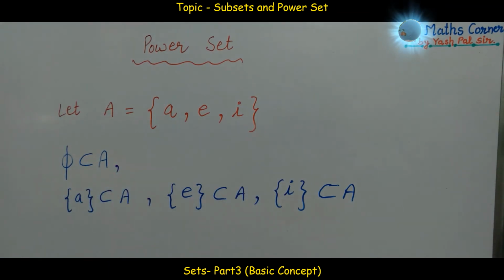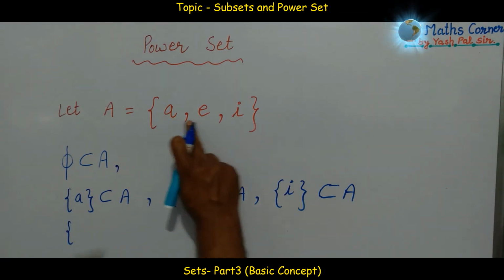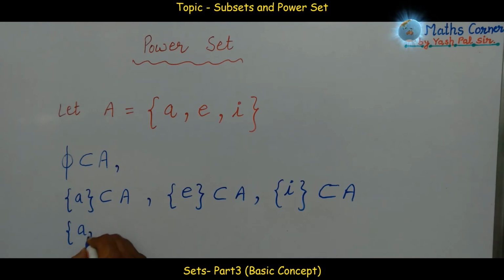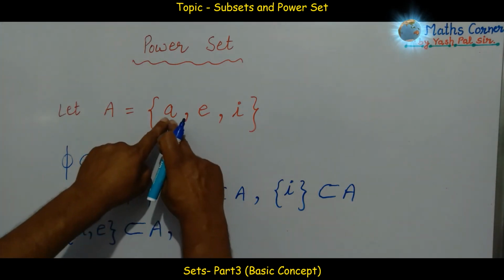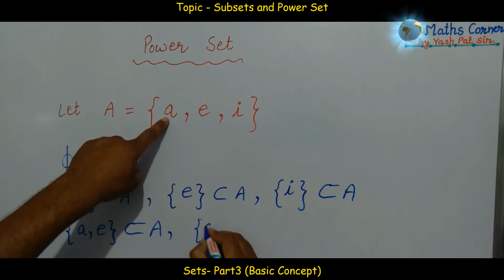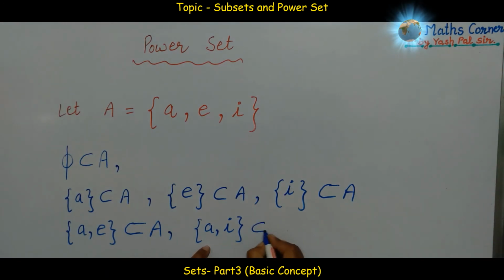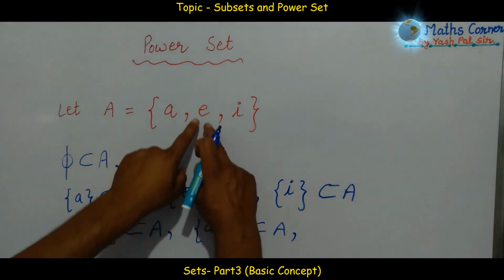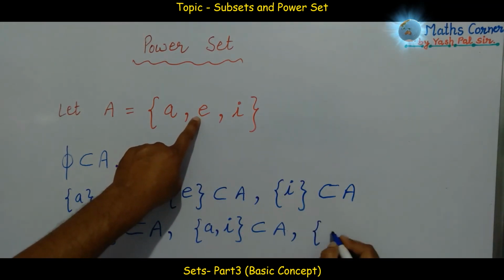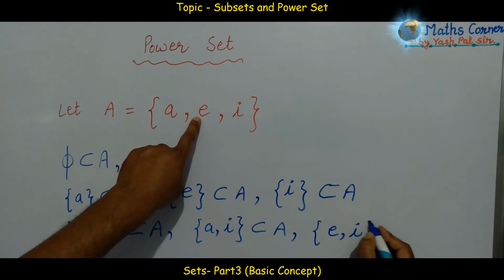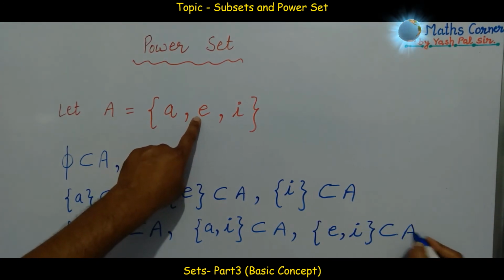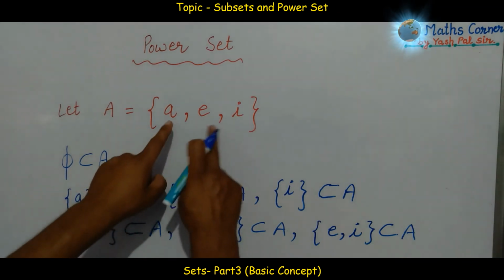Now taking two elements together, this is how we can take. First of all, suppose A and E, we are taking A comma E. This set is also a subset of A. Or we can take the combination of A and I, that is A comma I. This set is also a subset of A. Or we can start from E, that is E and I, which is also a subset of A. There is nothing left.